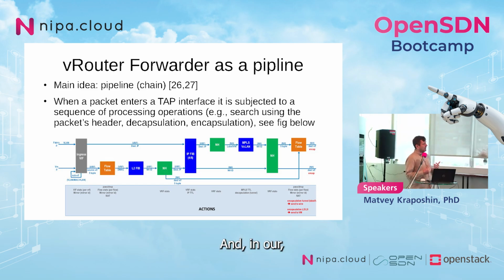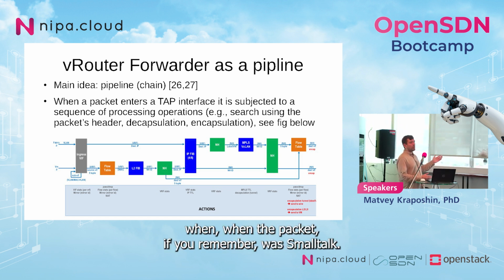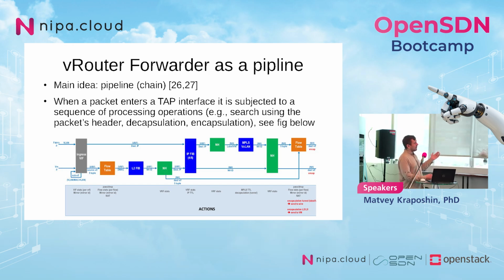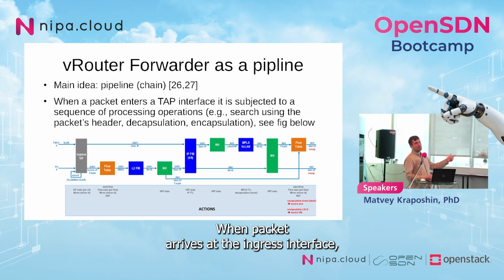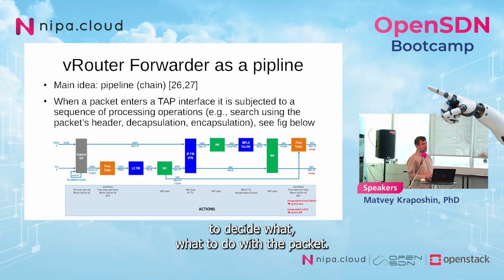And in our vRouter forwarder, flows are used, I would say, at the end of the pipeline, at both ends of the pipeline. If you remember the previous small talk, when a packet arrives at the ingress interface, we take its header and we use it to decide what to do with the packet.